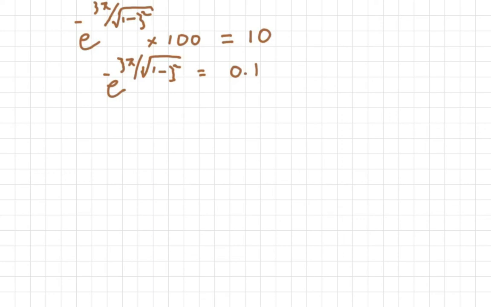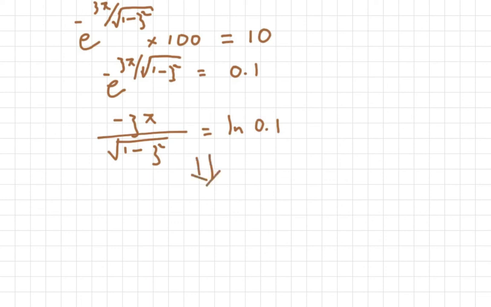So we can then say that minus zeta pi over square root of 1 minus zeta squared is equal to natural log of 0.1. And from here we can then compute for our zeta. You can finish up the analysis from this point and you arrive at zeta equal to 0.591.